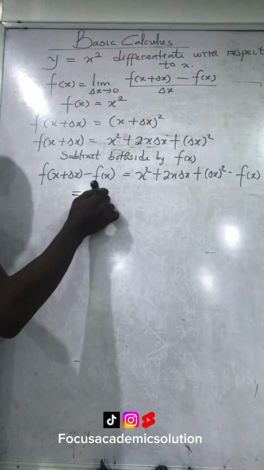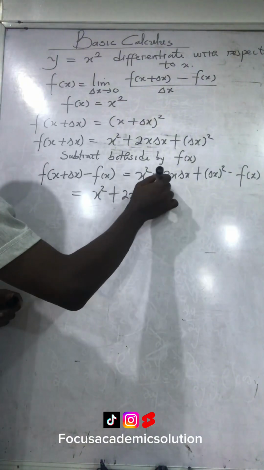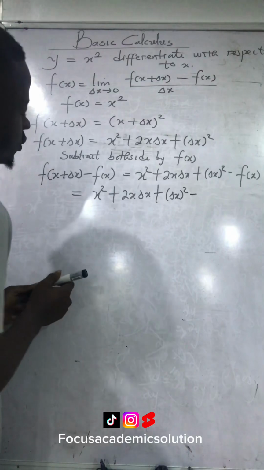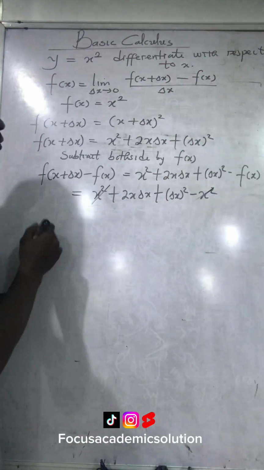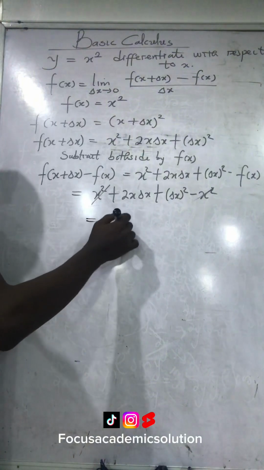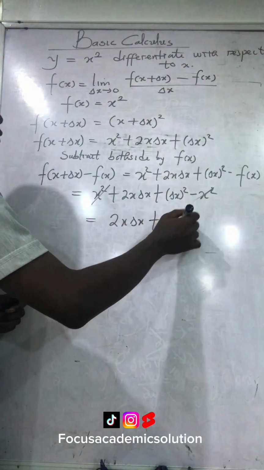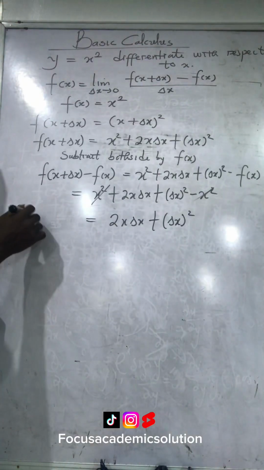So we have x squared plus 2x change in x plus change in x all squared minus x squared. So this cancels. So we have 2x change in x plus change in x all squared for this. And don't forget it is equal to f(x plus change in x) minus f(x).